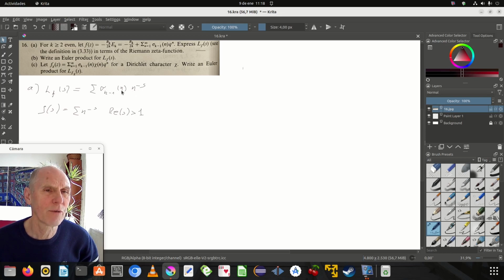And then for each divisor, you see, the idea is to take out all divisors of n and then add them up.